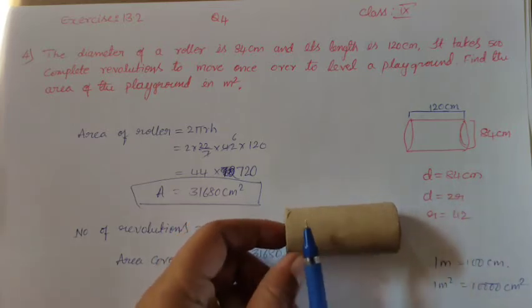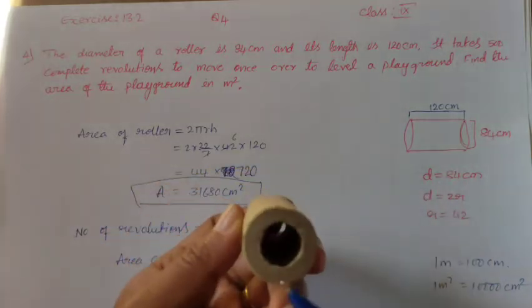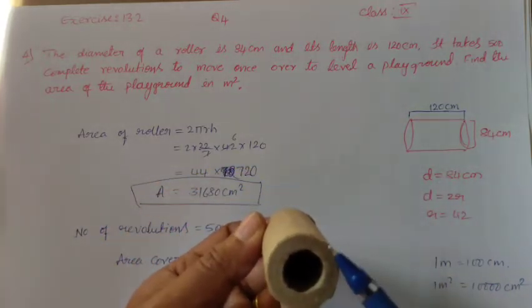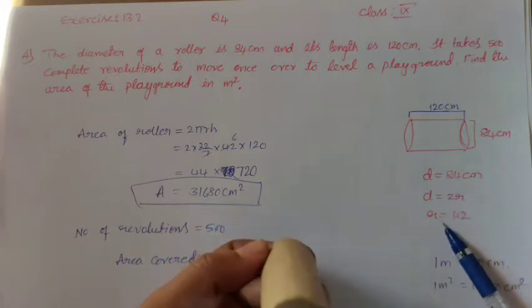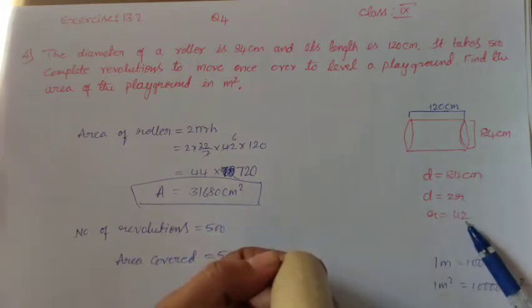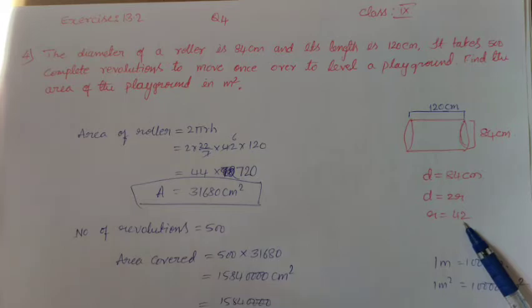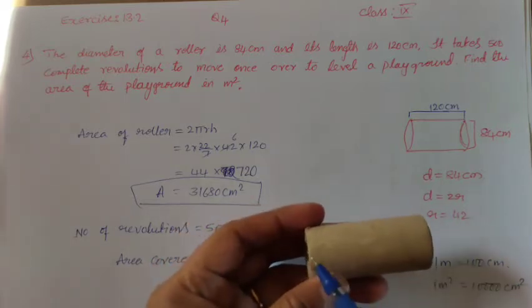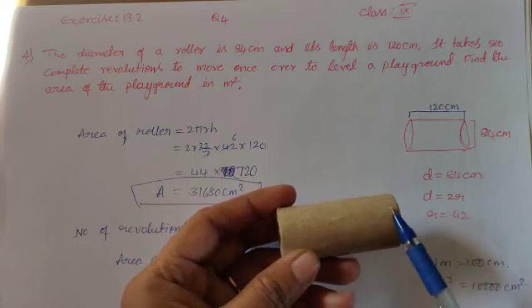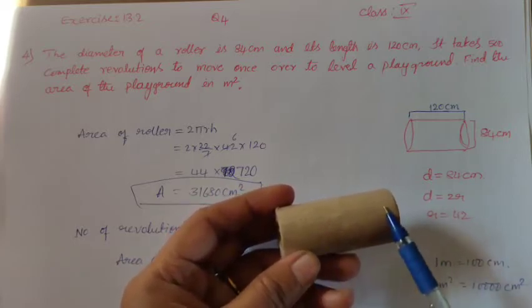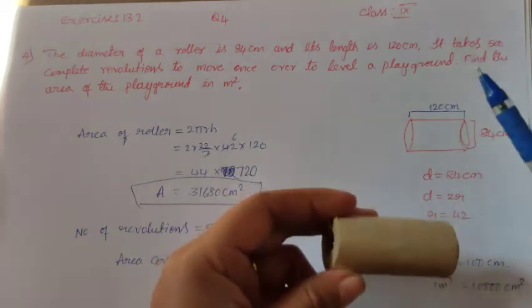The diameter of the roller is 84, therefore the radius is half of that, that is 42. And its length is given, that is 120 centimeter. It takes 500 complete revolutions.